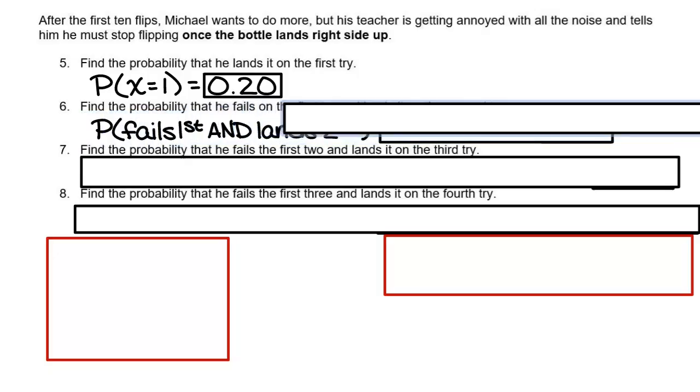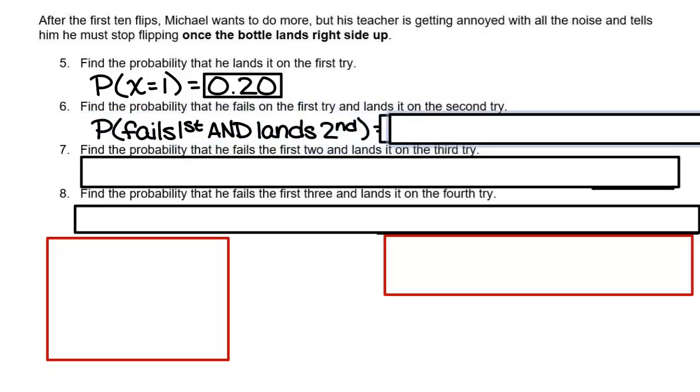Find the probability that he fails on the first try and lands it on the second try. So something like this. How do we find the probability for an and? We multiply probabilities together, right?